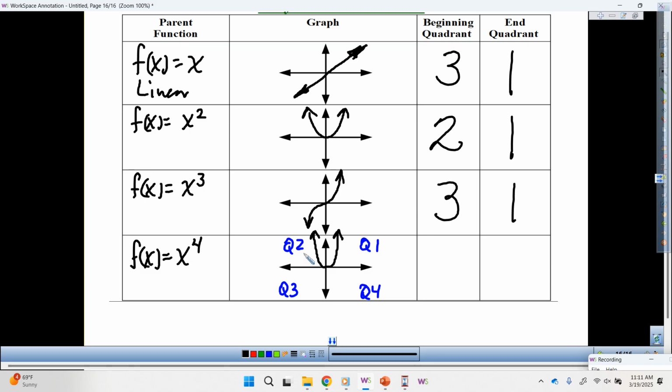Once again, what quadrant does it start at? 2. And what quadrant does it end at? 1. Now, can we conclude that any function ends at quadrant 1? Yes? Quadrant 1. Okay. However, their start is different from one another.